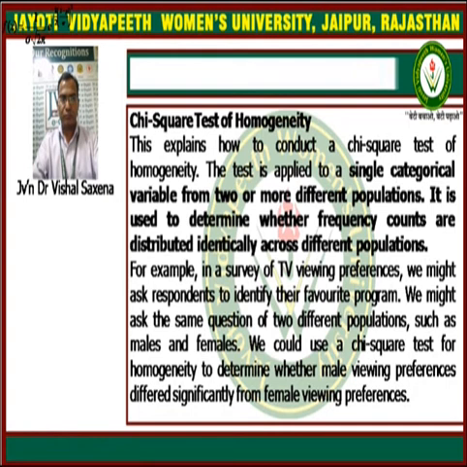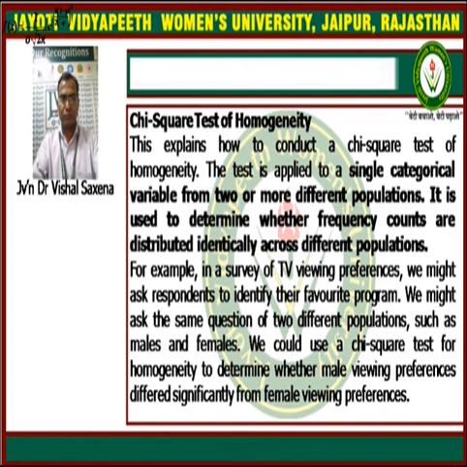So this test is applicable when a single categorical variable exists from two or more different populations, and it is used to determine whether frequency counts are distributed identically, meaning uniformly, across different populations.